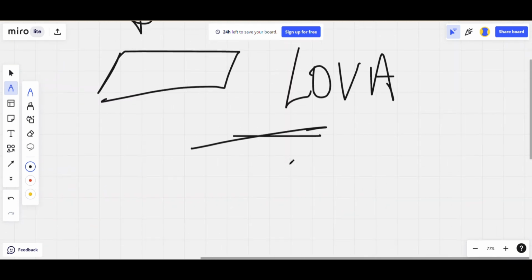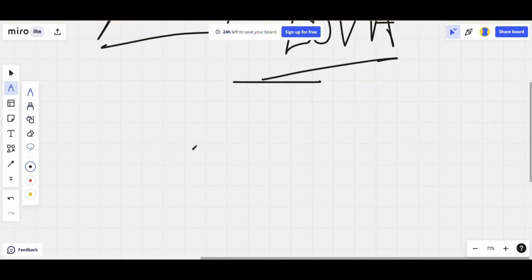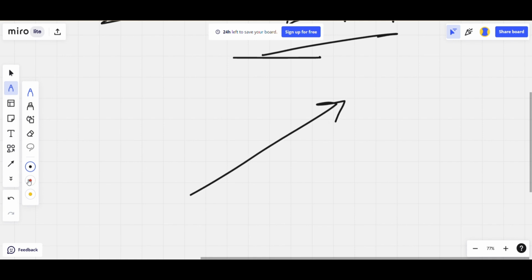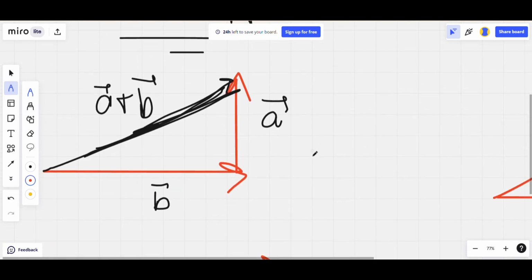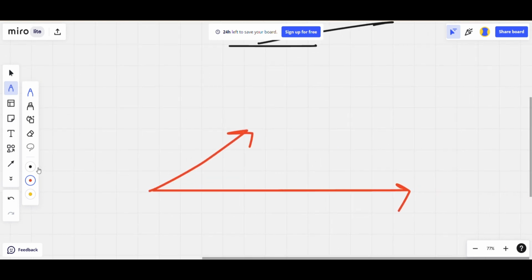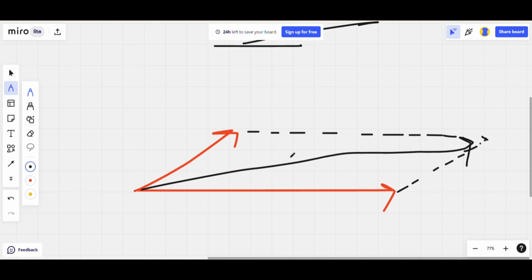Now the parallelogram law of vector addition states that if you have two vectors like this, you draw a parallelogram and then you join the diagonal of the parallelogram, and this will give you the sum of these two vectors.